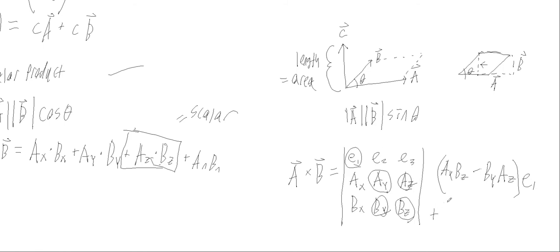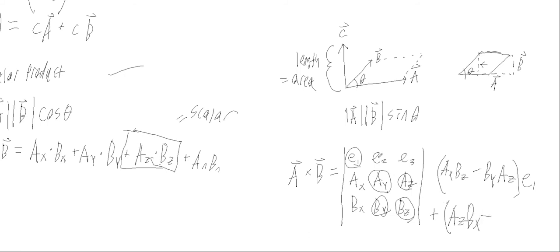So plus, and then we'll take A3, or AZ rather, AZ, and multiply that by B1 minus, and then AX. I keep using these numbers because that's how I have it written in my notes here, but this should be BX rather.